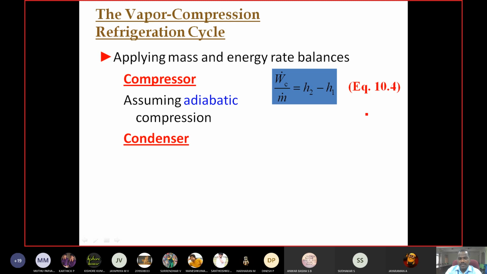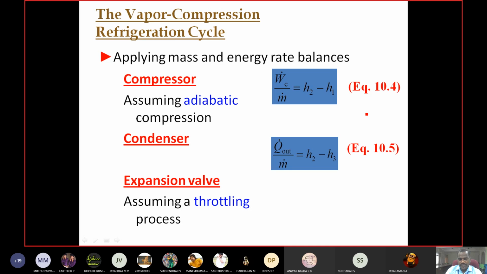Then in the condenser, again we can have Q out by m dot as a change in enthalpy. Then in the expansion valve, the throttling valve, the Q will be 0, so we have h3 minus h4 equal to 0. Then h3 will be equal to h4. So enthalpy will be equal before and after the process of throttling.